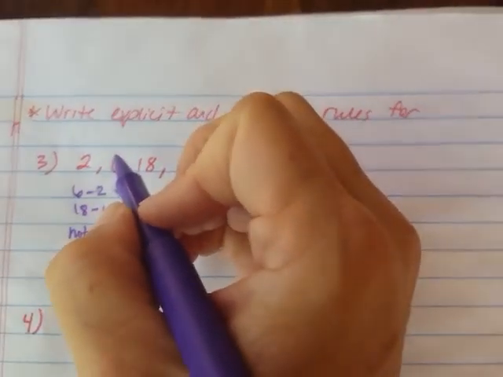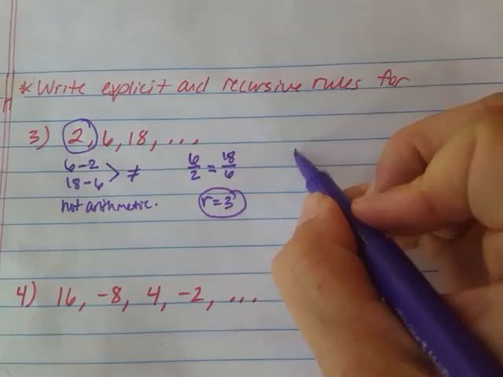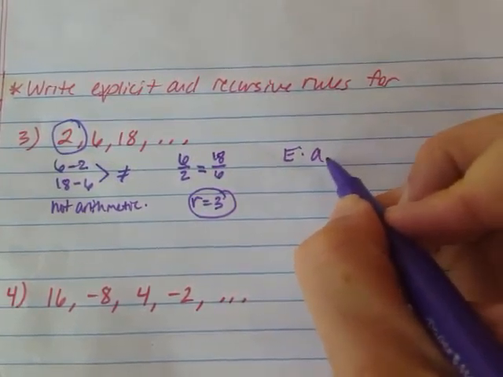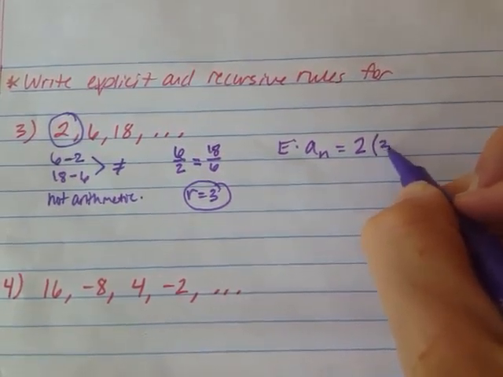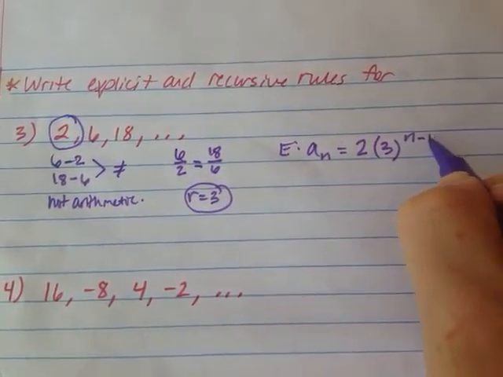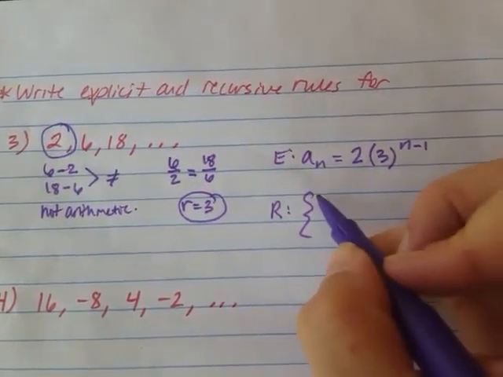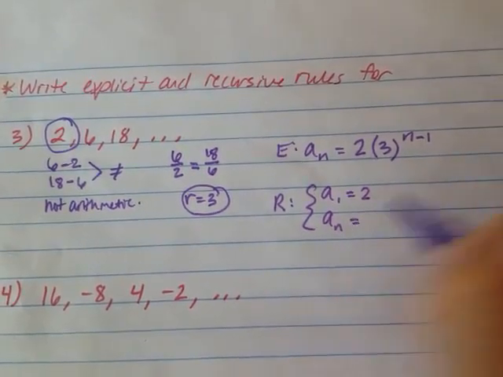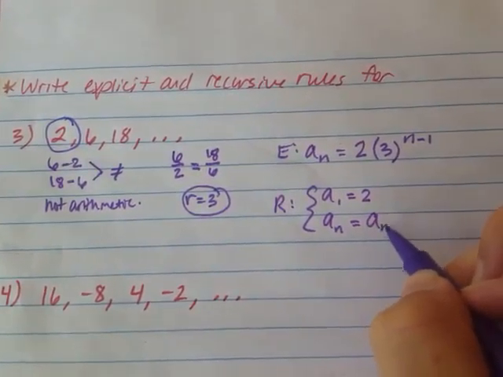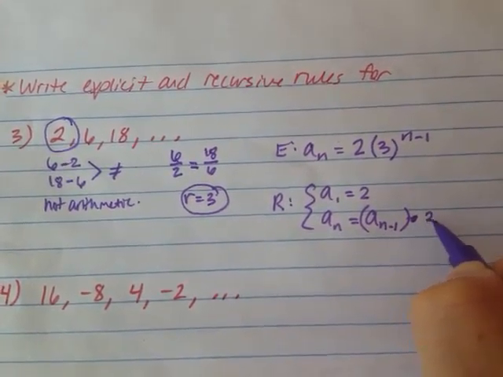So now that I have the first term and I have a common ratio of 3, I can use the formula for the explicit rule of a geometric sequence: a sub n equals the first term times r to the power of n minus 1. And we can write a recursive rule by defining the first term and defining the nth term by taking the previous term and multiplying it by 3.